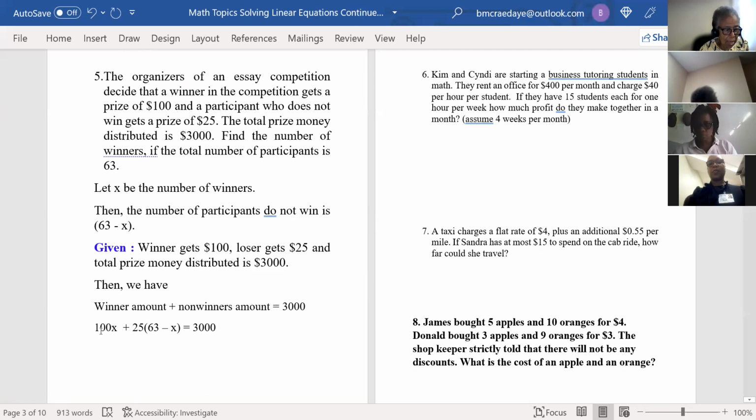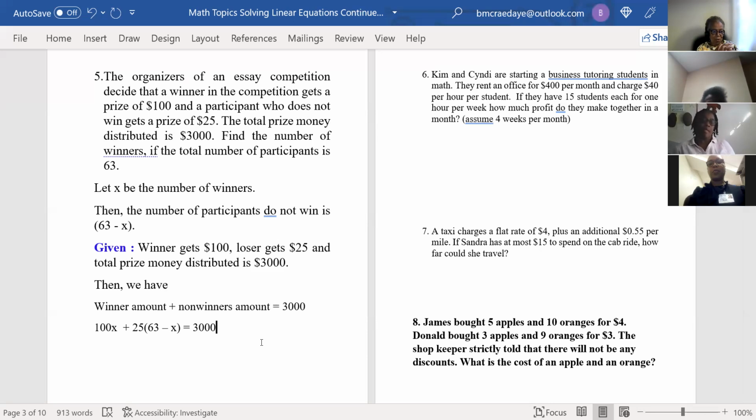So we put it as an arithmetic equation: 100x plus the prize of $25 times the number of non-winners, 63 minus X, equals 3,000. Now we want to solve this equation for X.